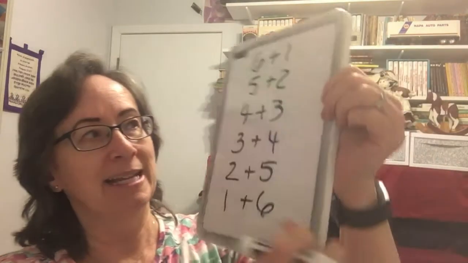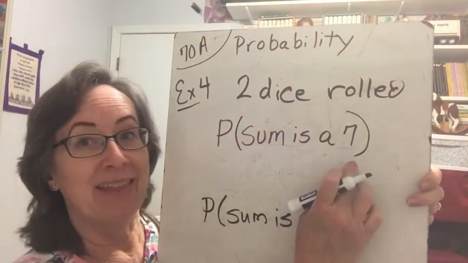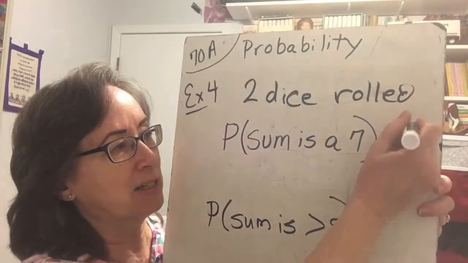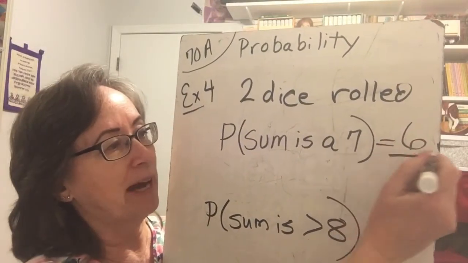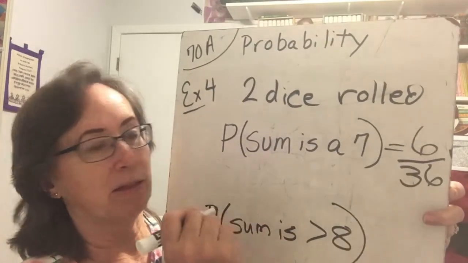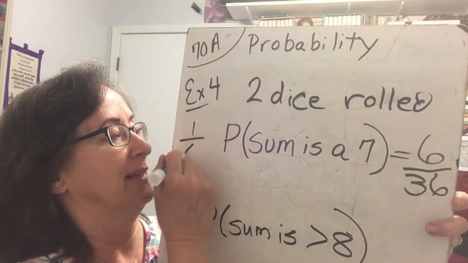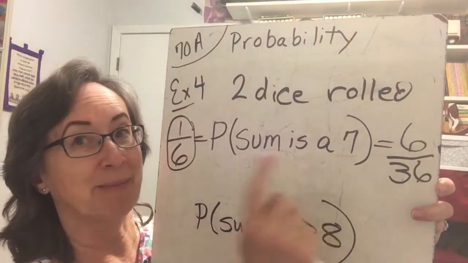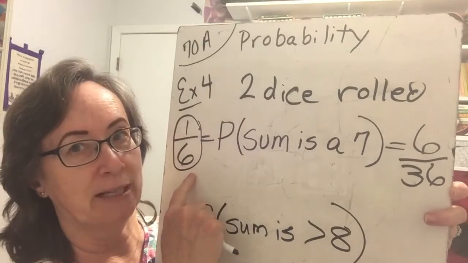We have a sample space of size 36. So for the first problem, we have 6 ways to get a 7, and when we're figuring out the probability that the sum is exactly 7, we take the 6 ways we could get a 7 divided by the 36 in the sample space. 6 divided by 36 is just 1/6 when we simplify it. So the probability that the sum is exactly 7 is 1 out of 6.